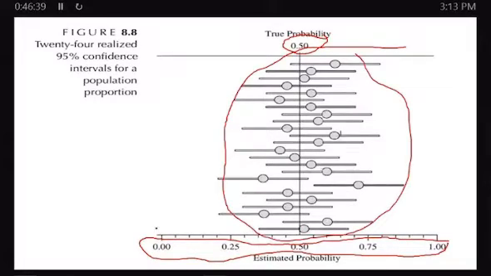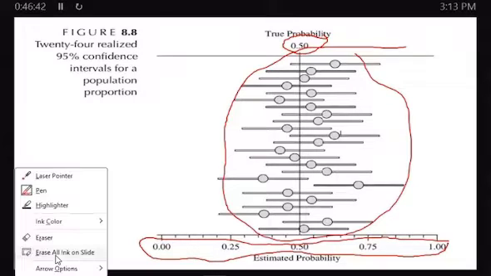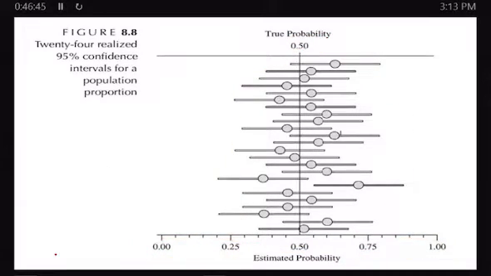Not all of them will contain the true value of 0.5 that we talk about. It's not all of them. That is what I'm just trying to let you know.